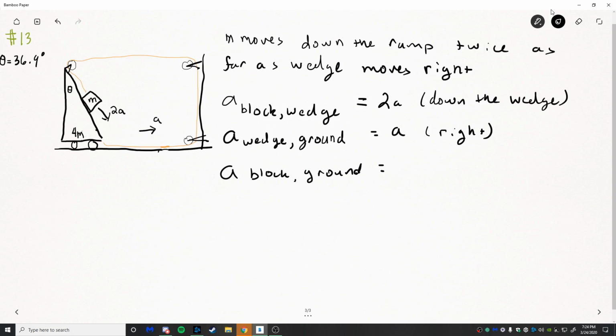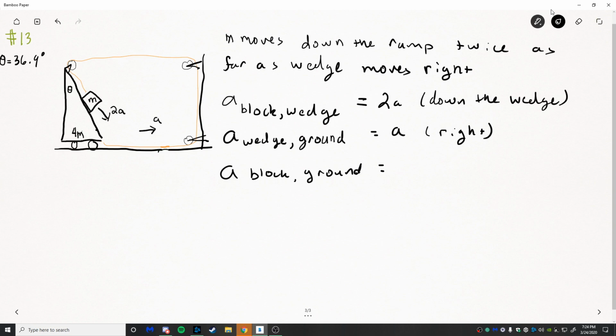Okay, now here's the thing about this that's really complicated. All of the accelerations we just talked about are relative accelerations, right? We talked about relative velocities last class.